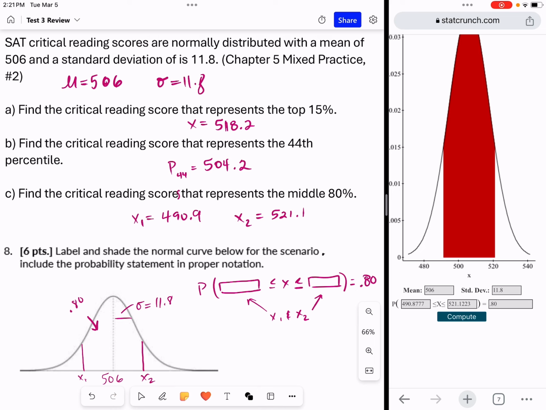Okay, so again, for this one, you'll only need to mark up one normal curve on the paper portion of the test, but you will have a couple of different questions that have you finding a value. And they won't all necessarily be the same situation. So make sure you're going in and changing the mean and standard deviation for each one of those questions.